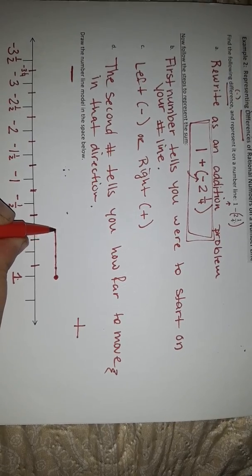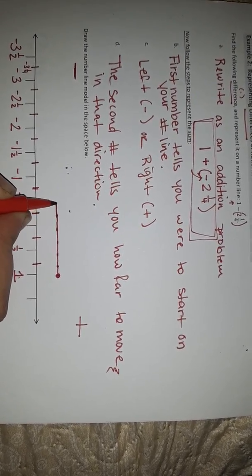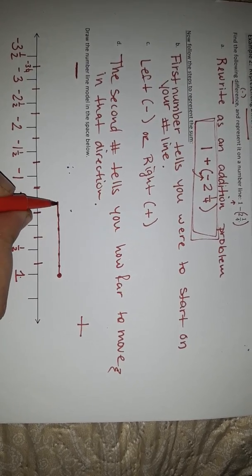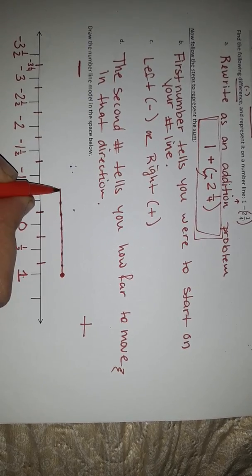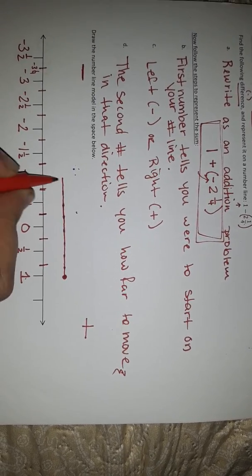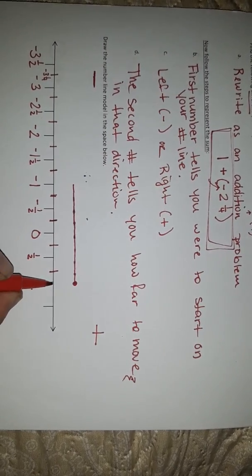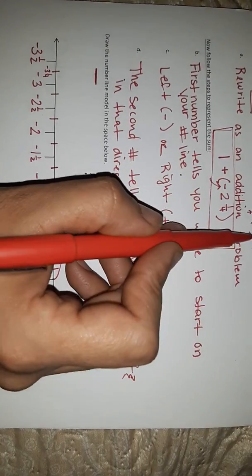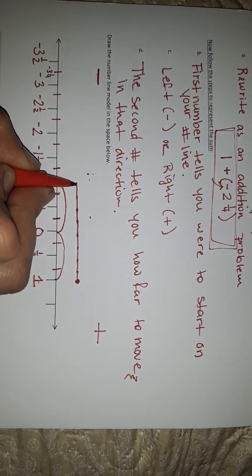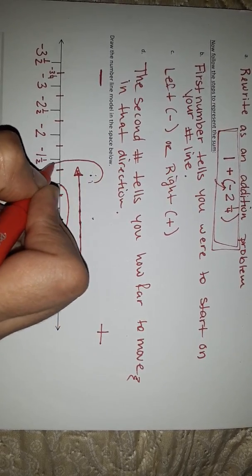Okay, this is a 1 1/4, 1 2/4, 1 3/4, 1 4/4, which is the same as 2 whole spaces, right? We've gone 1, 2, and we just need to go a fourth more. Here we are. We stop right here. This is where our answer is going to be.